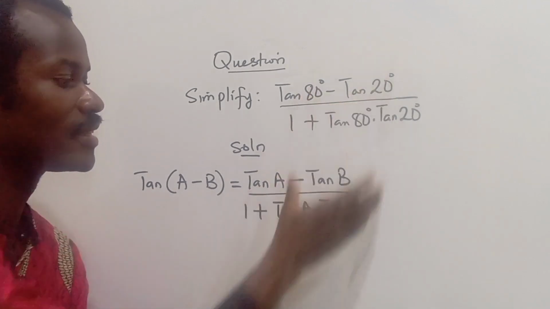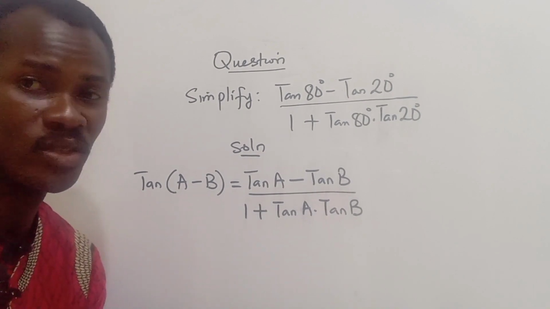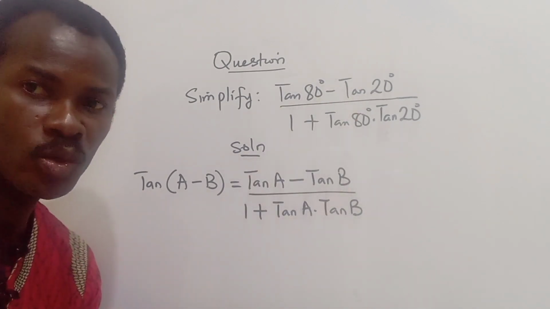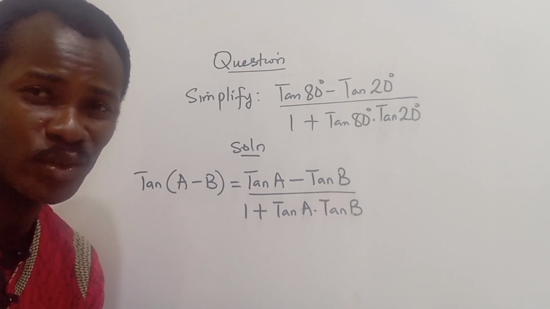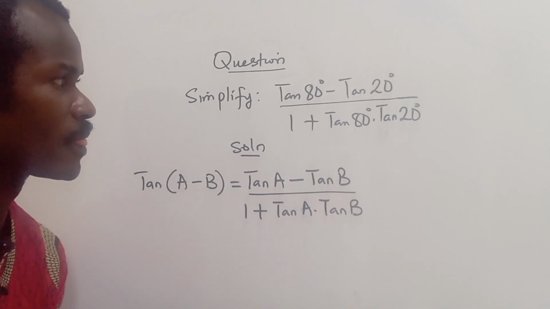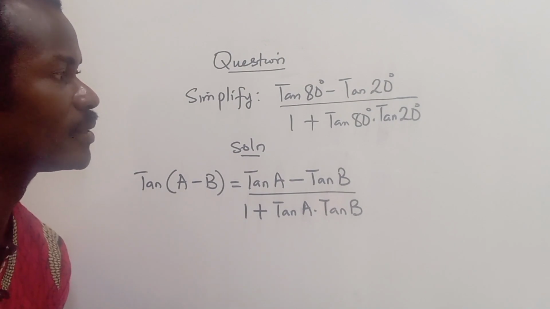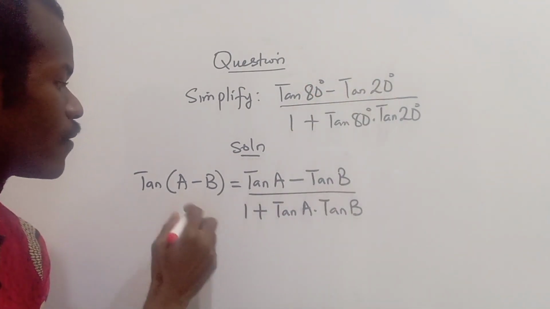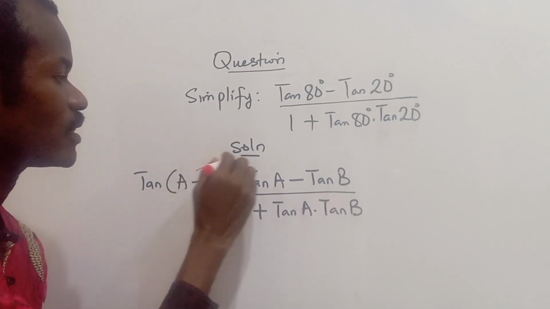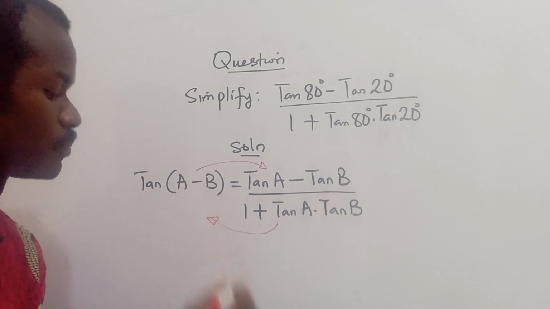Now, if you look at this and look at this, comparatively, you can see that they look similar. When you have something like this, you want to solve it in such a way that you find your special angles. But for this, I can see that there is no special angle here. For this formula, we can solve converting this to this, and we can also solve converting this to this.